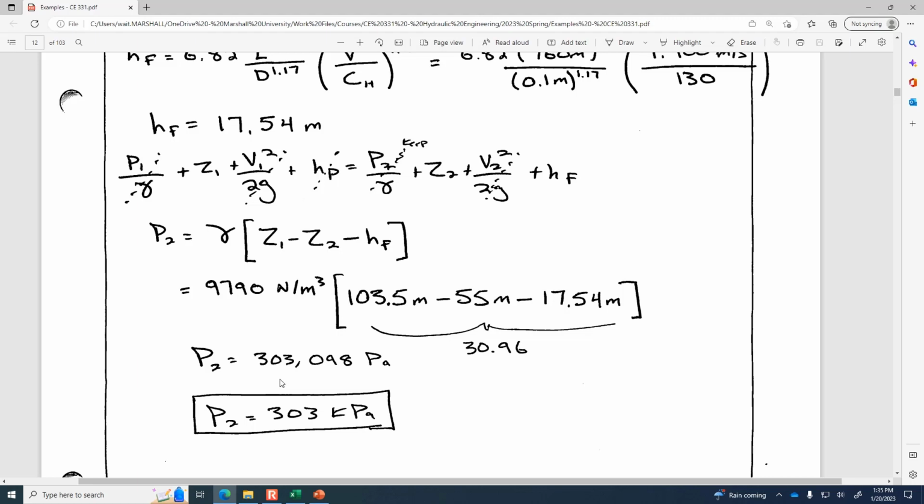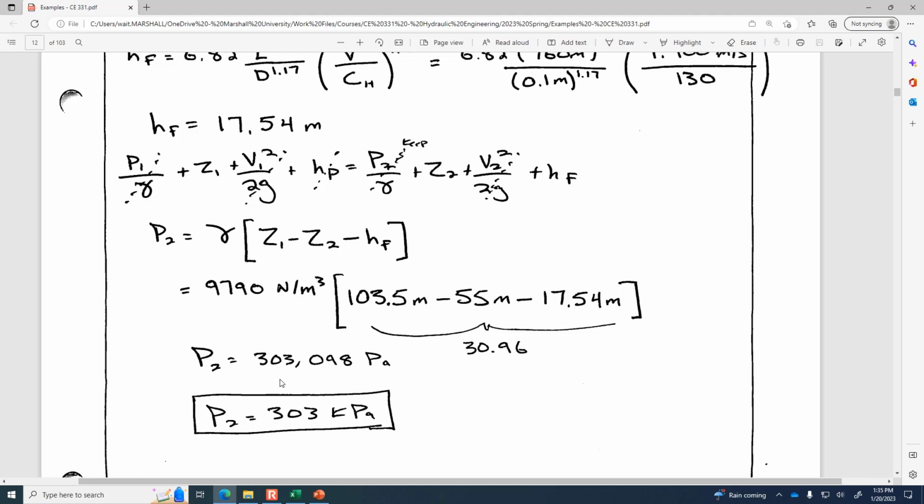So now, as to the question of whether it's appropriate for us to neglect the velocity head, let's just check that this one time, and then I think you'll feel pretty comfortable with us neglecting velocity head on future occasions. So the velocity head, V squared divided by 2g, the velocity is 1.4 meters per second.